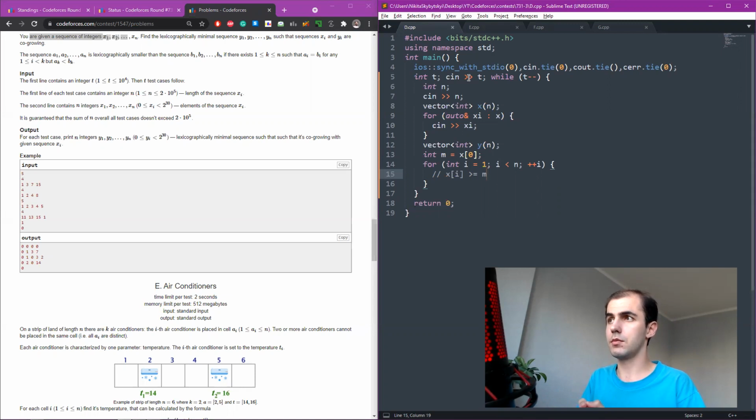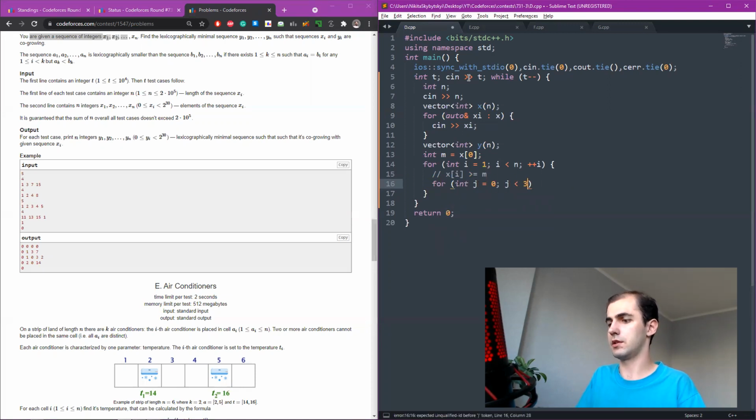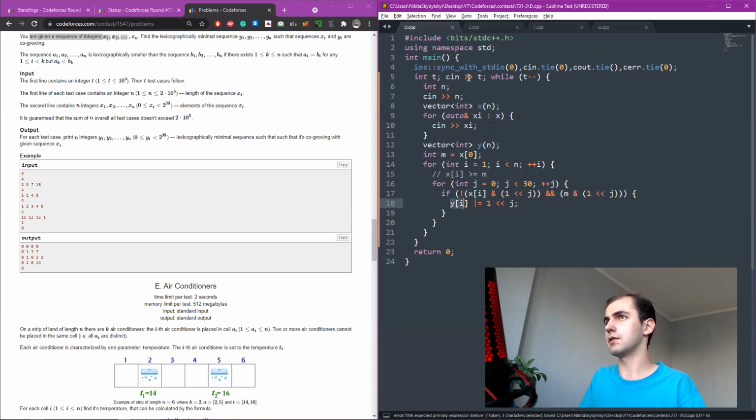It means that some bits of y have to be flipped and some have to be unchanged. Makes sense, right? So let's iterate over bits. If this bit is not turned on in x_i, but it is turned on in our mask, then it has to be turned on in y, so that the XOR gives us whatever we want.